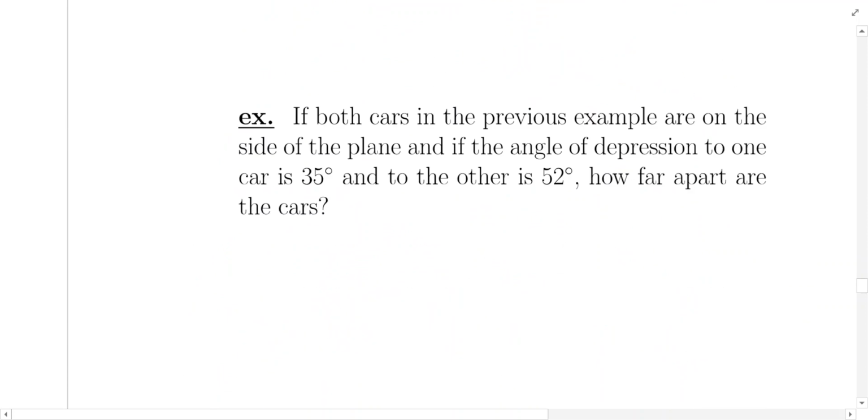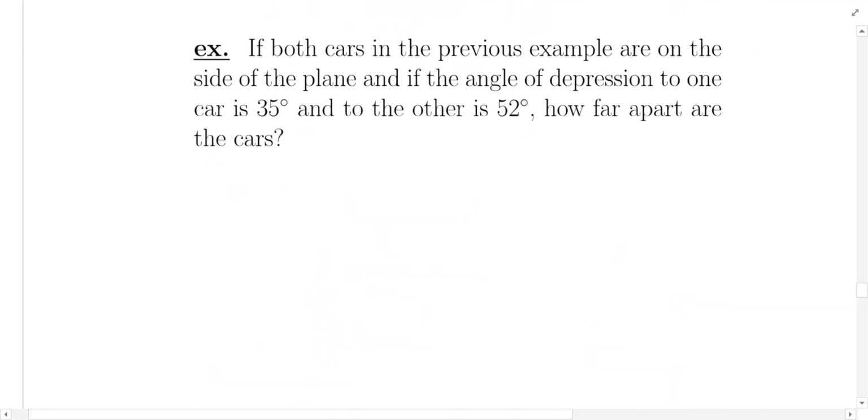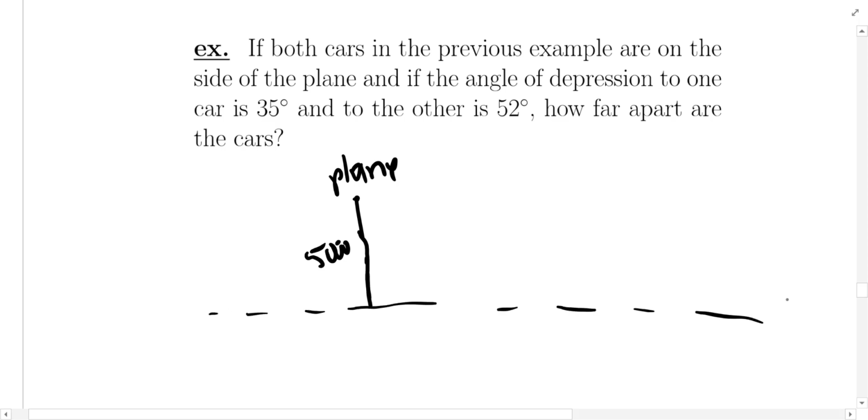Another scenario with this, what if both cars are on the same side of the plane? So the situation is still, you have the plane, it's 5,000 feet above the highway, this is the highway, and now you have car A is here and car B is here.